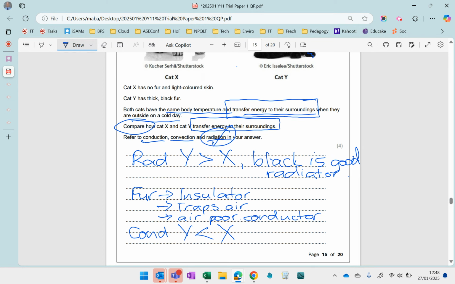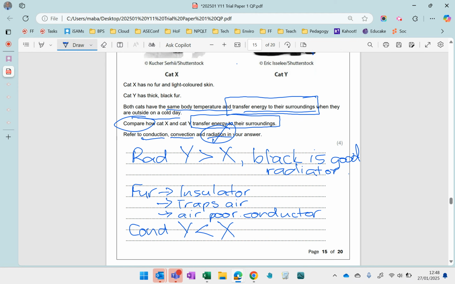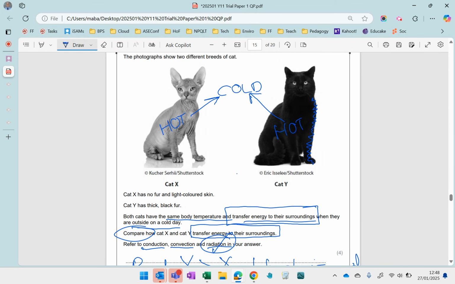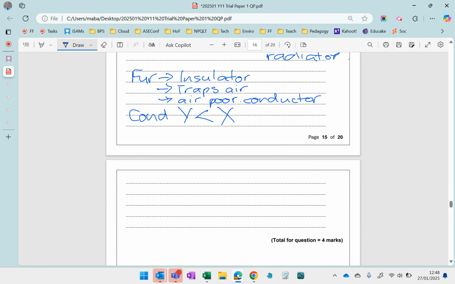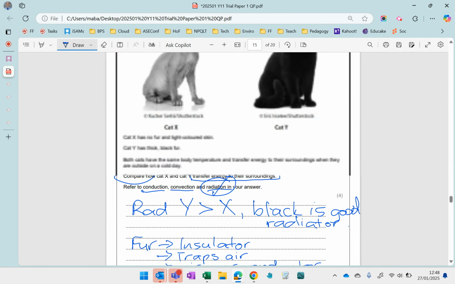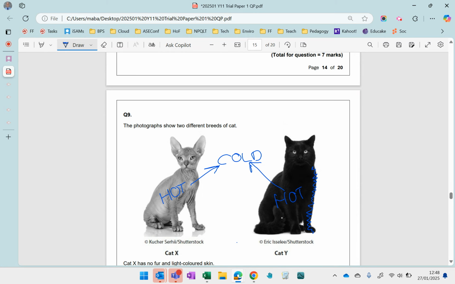Kind of linked in with that is the same idea about convection. Convection is when air gets heated up by a hot body, and then rises to take away the heat from that body.